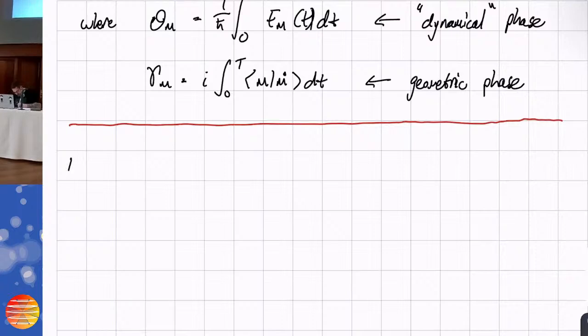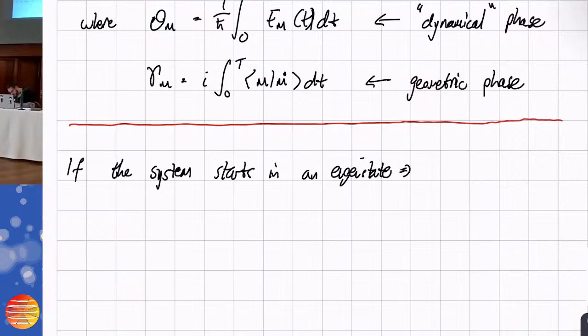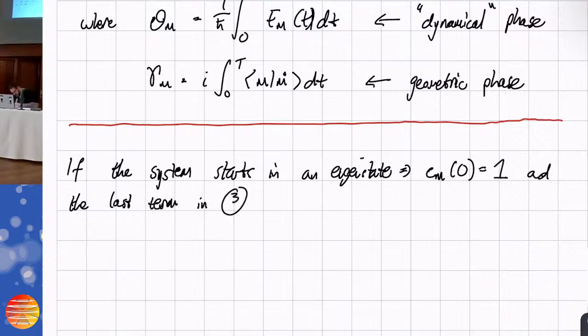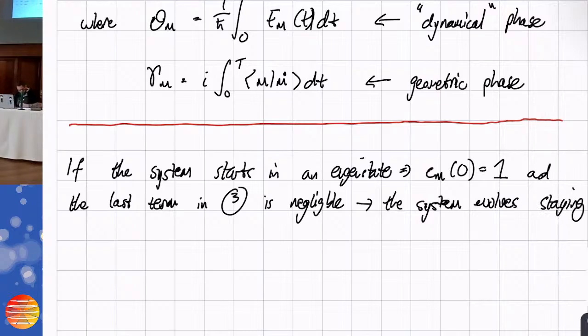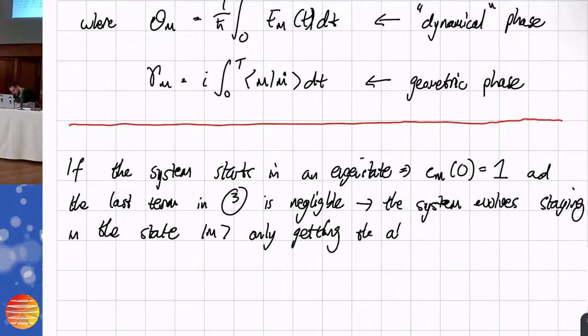So if it starts in an eigenstate, then let's say that my Cm at time 0 is equal to 1, and all other coefficients are equal to 0, and the last term in 3 is negligible, the system evolves staying in the state m, only getting the above phases.